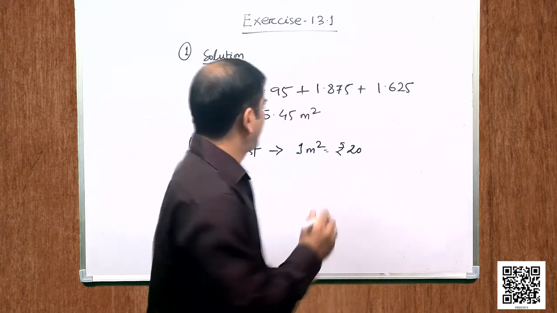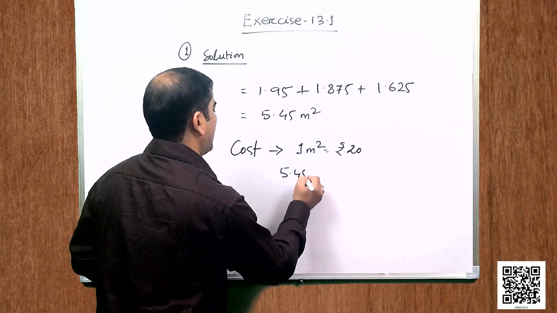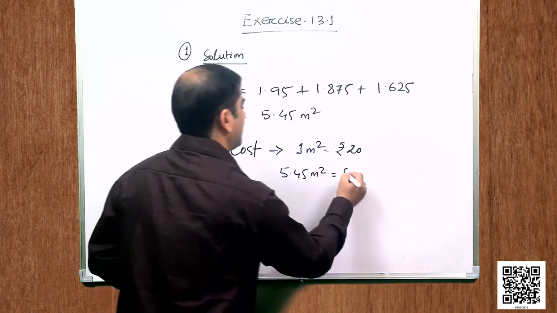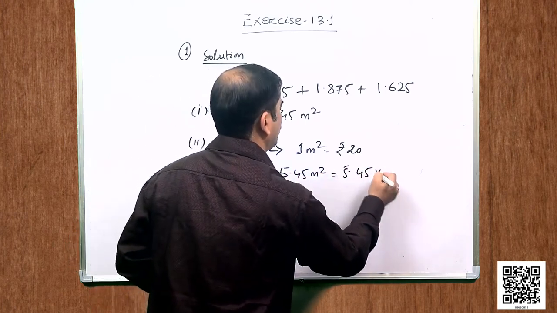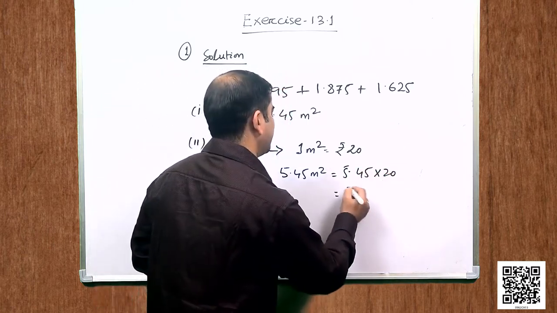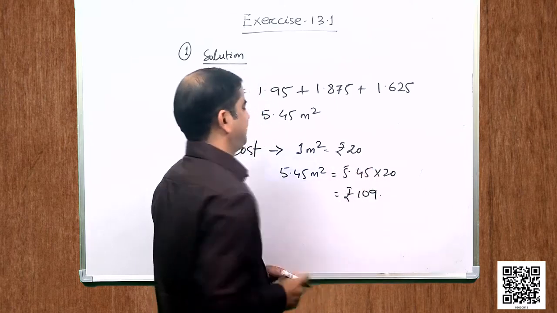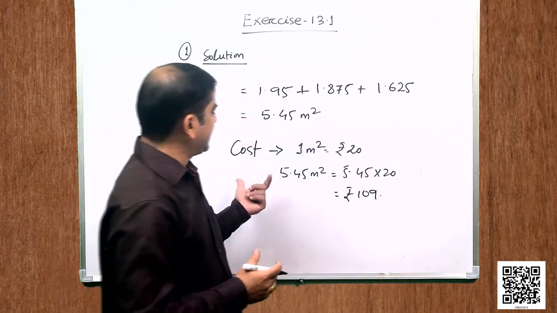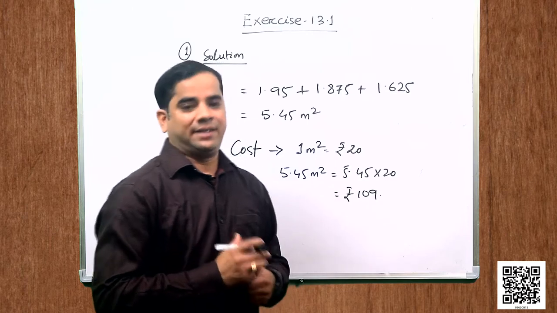So, for 5.45 meter square, it will be 5.45 into 20, that gives us rupees 109. So, now this is the cost of the sheet.